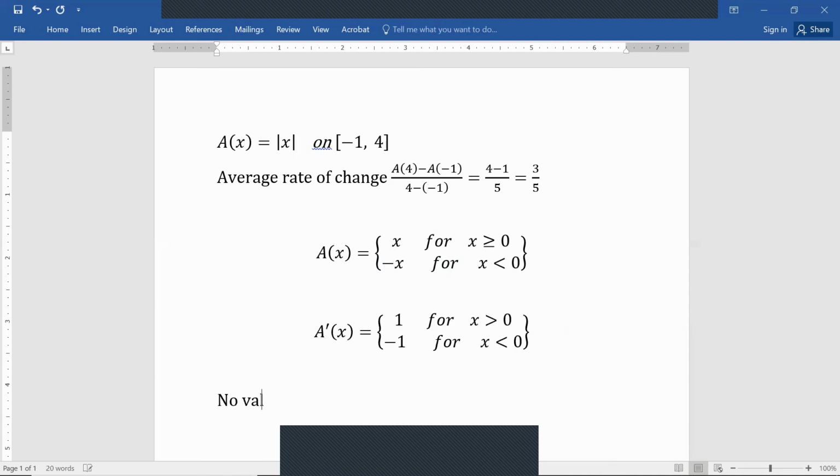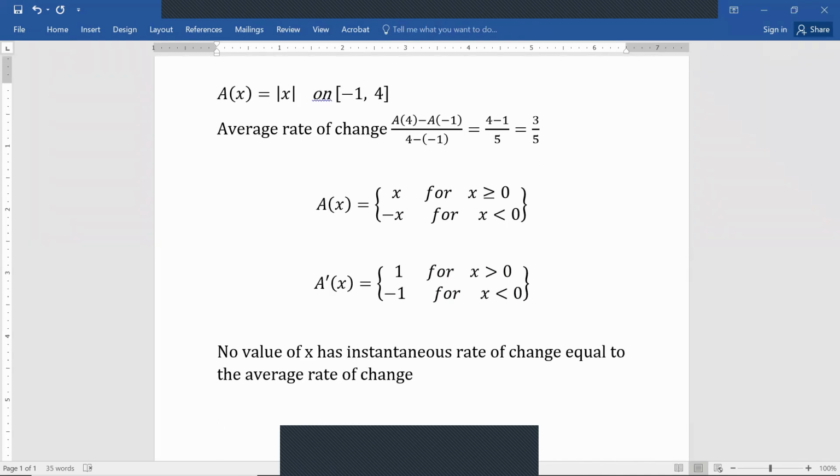In other words, no value of x has instantaneous rate of change equal to the average rate of change. At least over this interval. Over other intervals, we'd be fine.